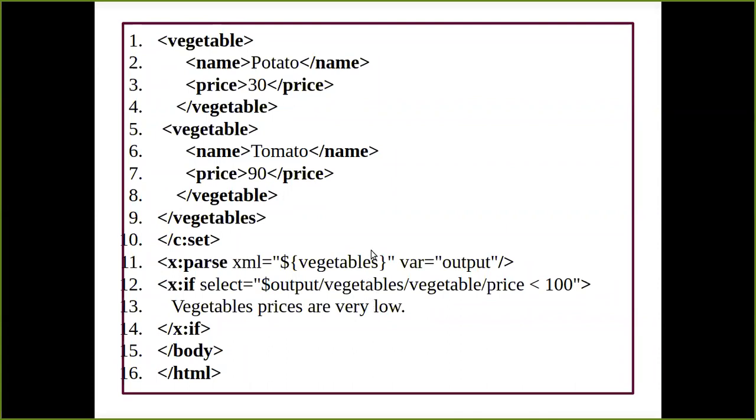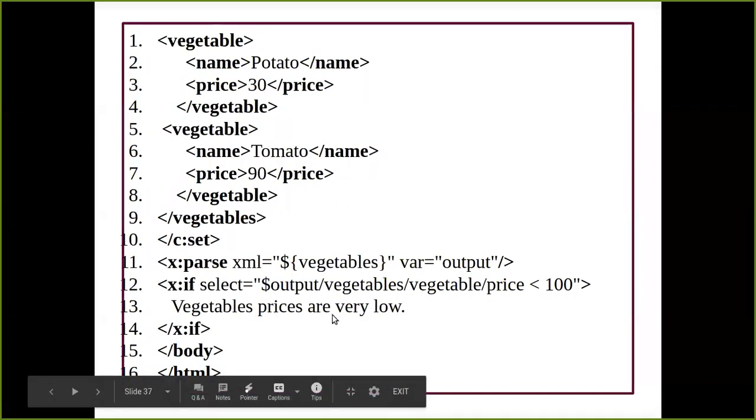From the vegetables, you go to the vegetable tag we created separately for the three vegetables with three prices. From that, you check whether the price is less than 100 or not. If the vegetable prices are less than 100, we are going to print: vegetable prices are very low.